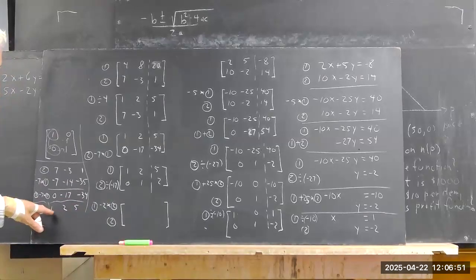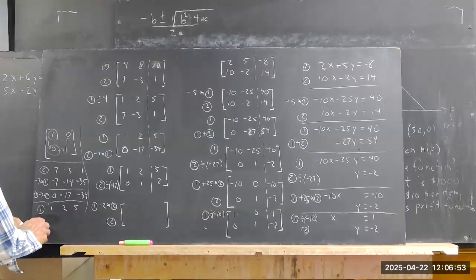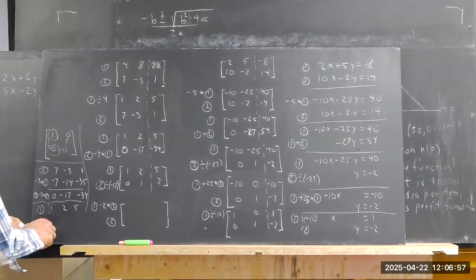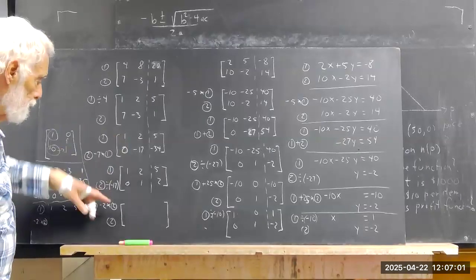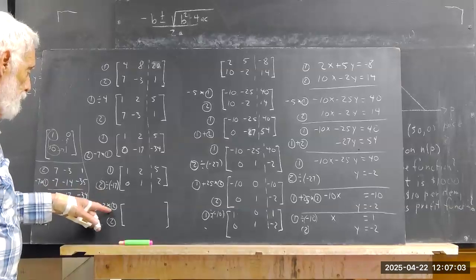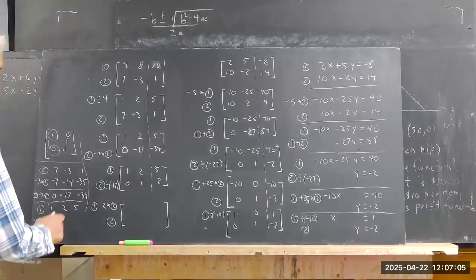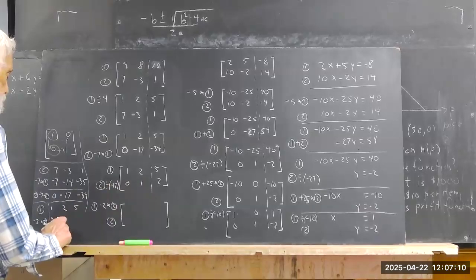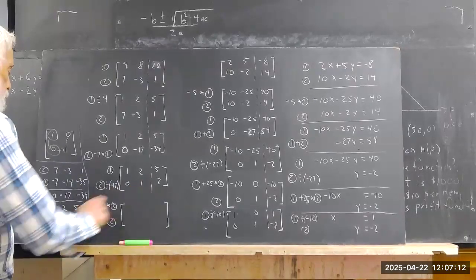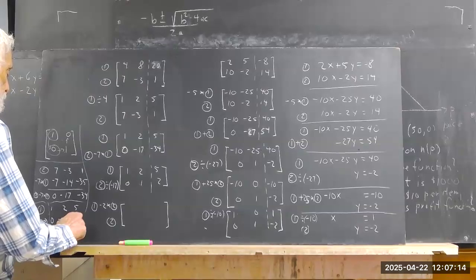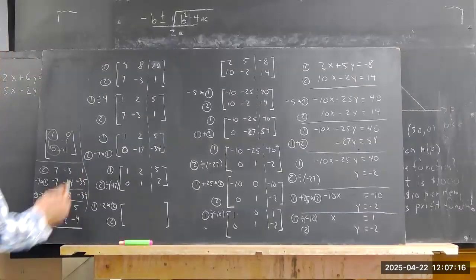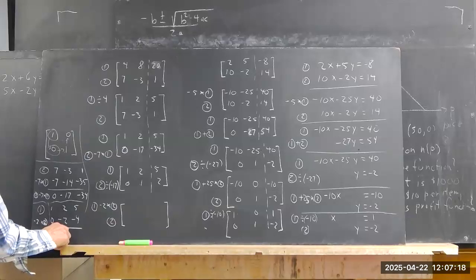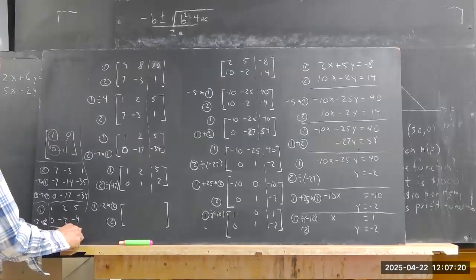So I want to write down row 1, and then I want to write down -2 times row 2. What's row 2? Row 2 is here. -2 times 0 is 0. -2 times 1 is -2. -2 times 2 is -4. And when I add that up, I get 1, 0, 1.